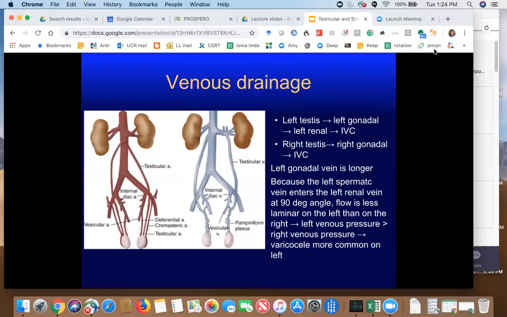The most common cause of varicocele, just like the cause of varicose veins in your legs, is venous hypertension. So there's just high pressure in the veins, or there's valvular insufficiency, and so then you basically get varicose veins. That's the most common cause of varicocele. So let's just put it there.